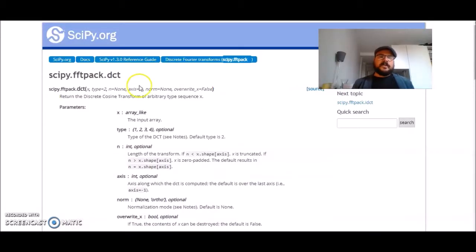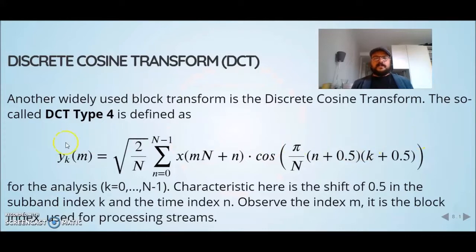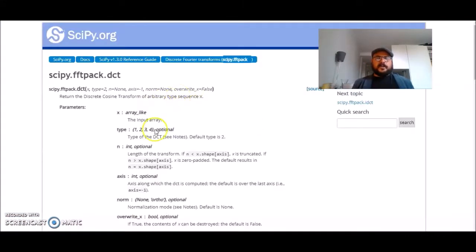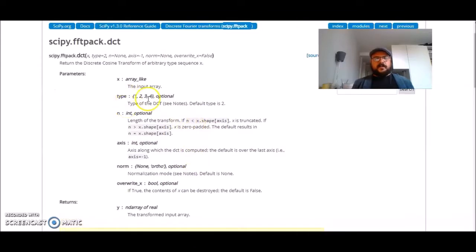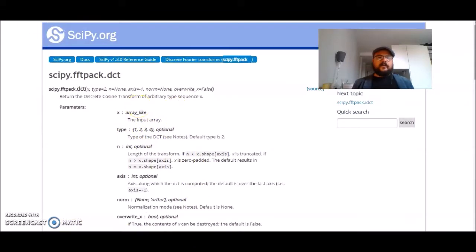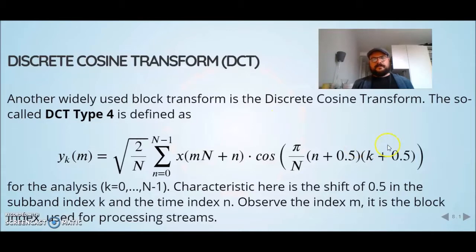In our case, we are going to use this definition here, which is not defined. There is no inbuilt type, even though it's the type 4 is a different way that we are implementing here. So we see there is this scaling factor square root 2 over N. We can see a shift of 0.5 in the subband index k, in the time index n.